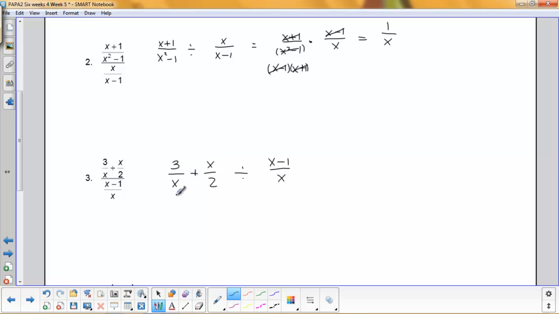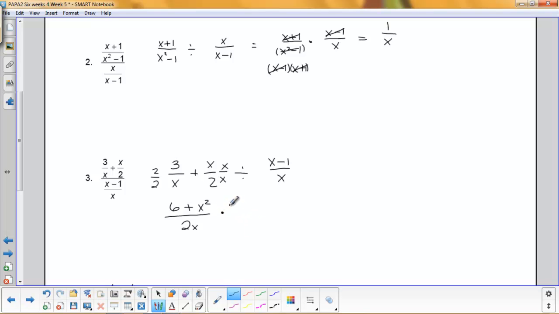Very important. Okay? Alright, so here my common denominator is 2x, so this side needs the 2 and this side needs the x. So that's going to be 6 plus x squared all over the common denominator of 2x.